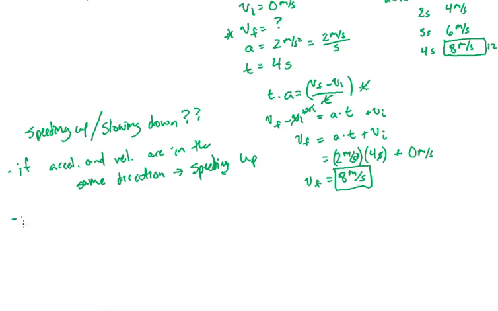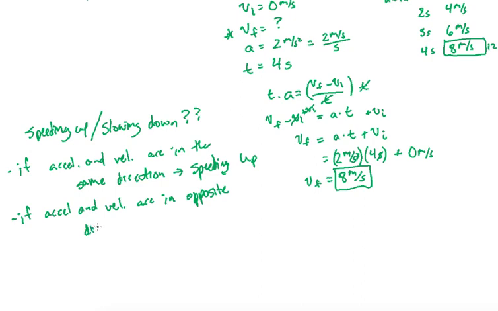The only other situation is if acceleration and velocity are in different, or in opposite. Shouldn't just say different, let's make it opposite. Are in opposite directions, because when we get to two-dimensional motion, different won't necessarily mean opposite.